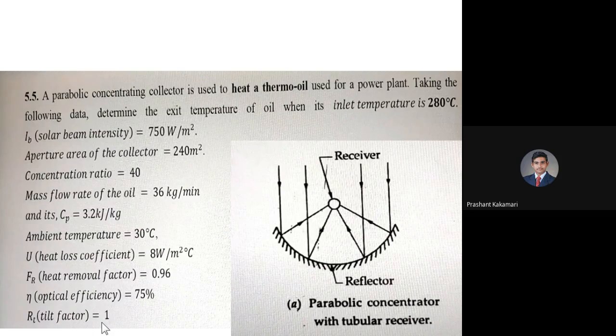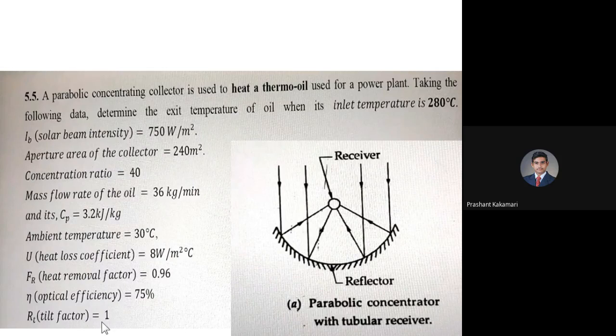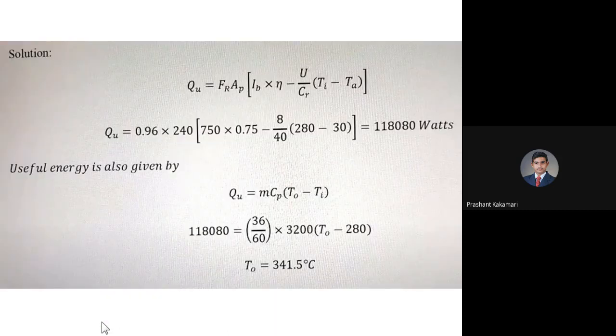So all that radiation is not directly focused to the point, and some losses will be there. To consider those losses, they have taken total solar radiation into efficiency. That will be the effective solar radiation falling on the bottom side as well as the top side of the focal point. Minus, as I told you, the loss coefficient divided by the concentration ratio into the bracket of inlet temperature minus ambient temperature.